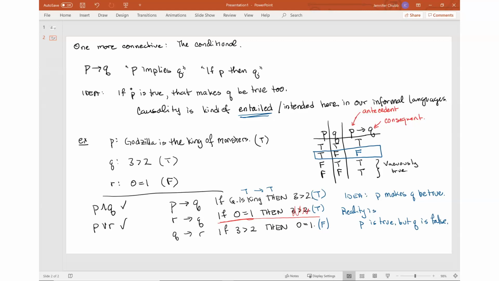You can get very philosophical about conditional statements and a related idea called modus ponens. But the good news is that you don't have to, and that is the whole point of the formal language, right? If you just take this truth table as the definition of what that arrow means, you don't need to know anything about what implication is or entailment or causality.